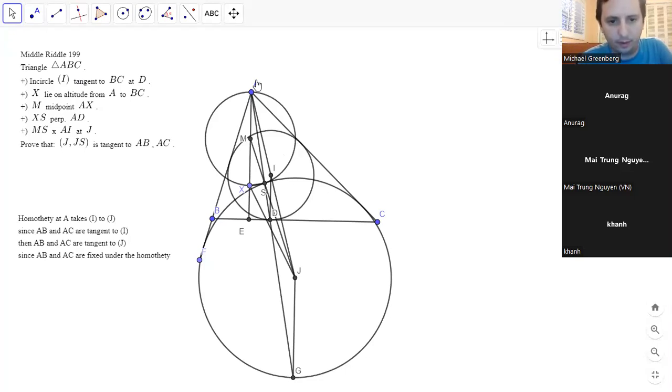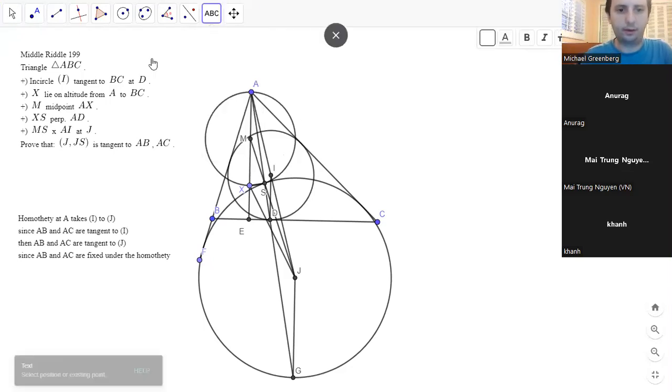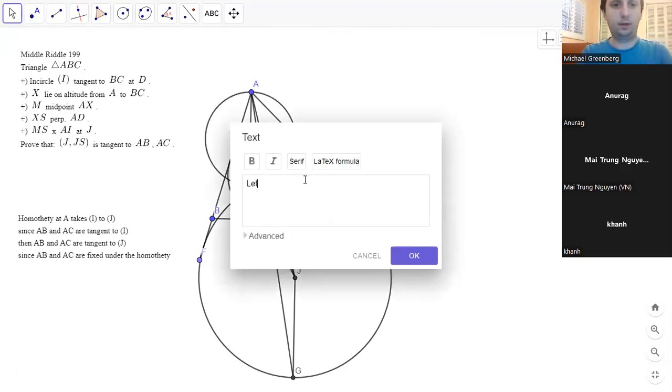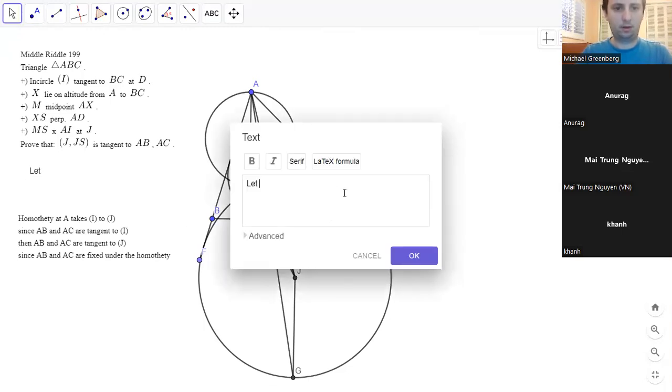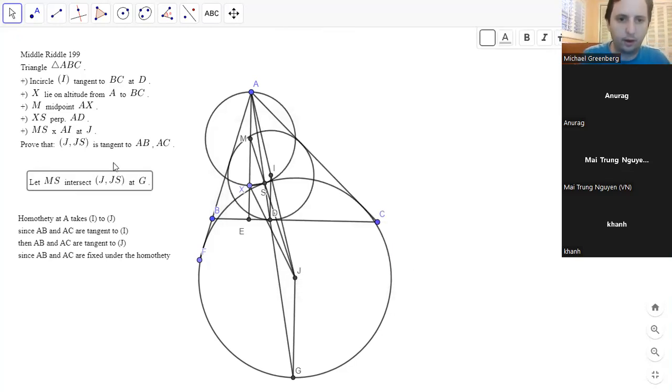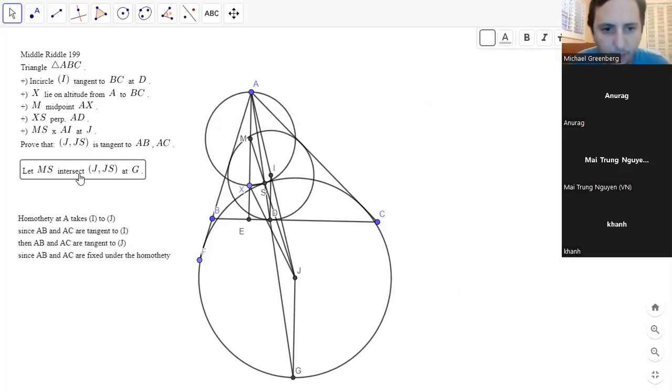Basically, I'll say let AS intersect the circle JS at G. Then a homothety at S takes AM to GJ.